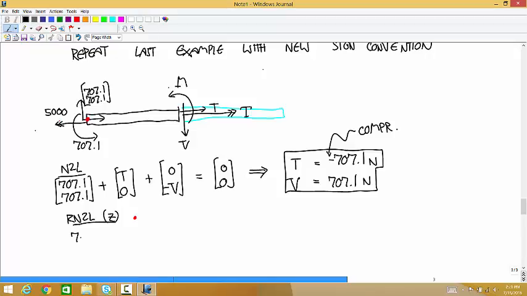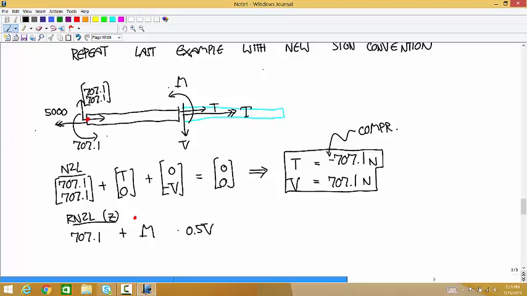So we have plus 707.1 plus M. Does that force T produce a moment around that red point? No, because the line of action goes through it. How about V? V does. Its moment arm is 0.5. And would that force make it rotate clockwise or counterclockwise around the red point?